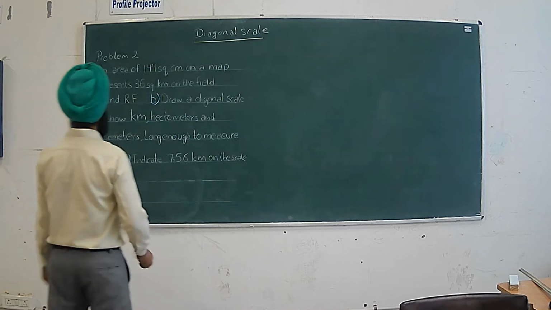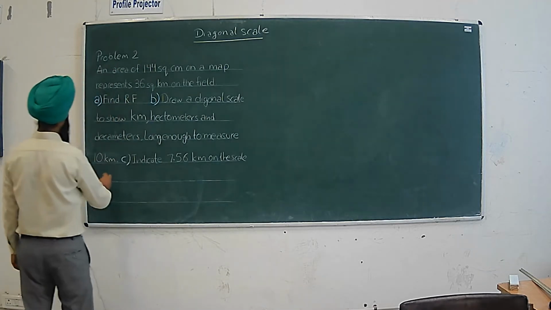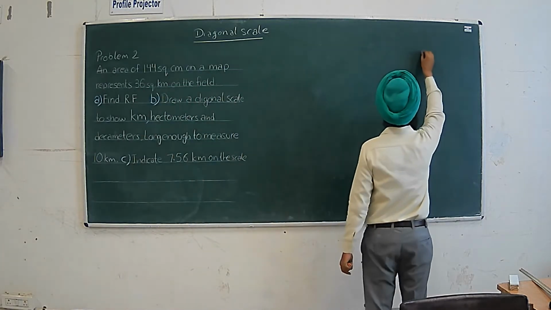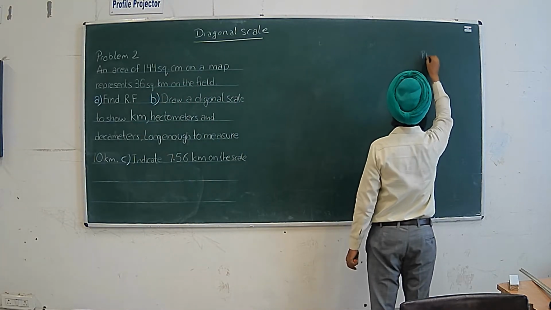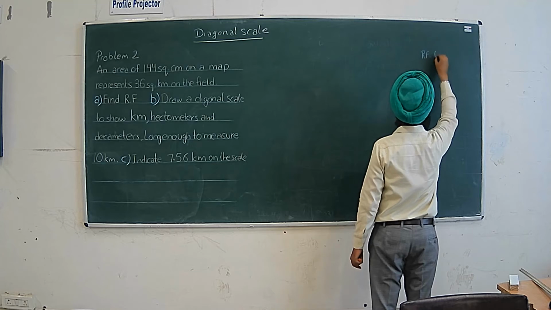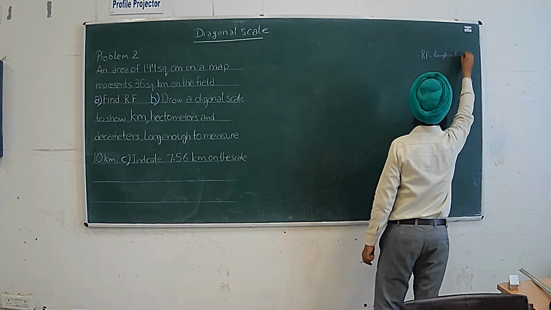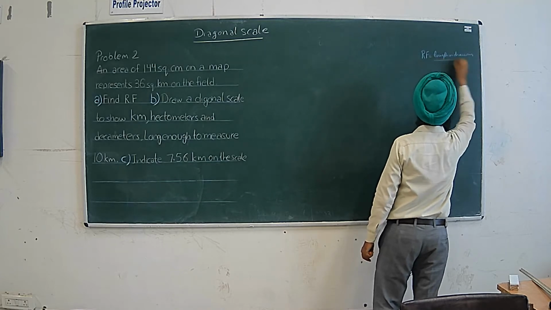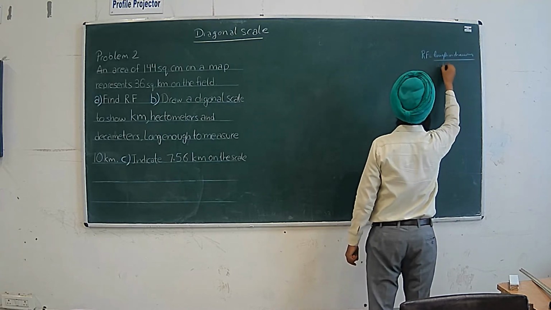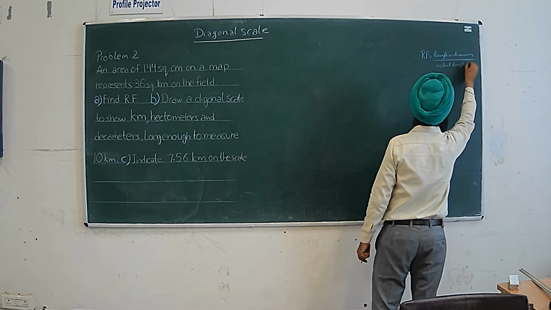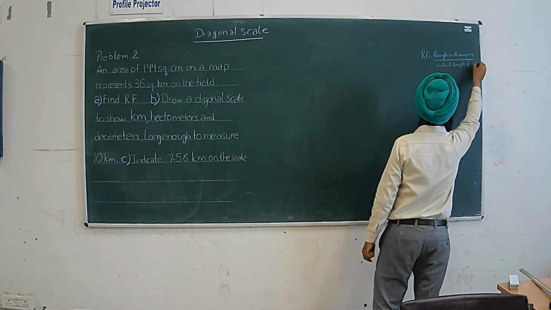So we start with finding the RF. The formula for RF is length in drawing by actual length of object.